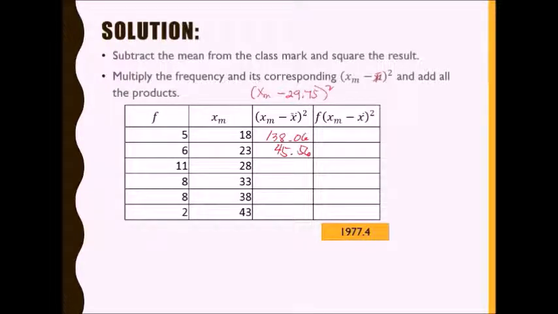Then 28 minus 29.75 is 1.75 squared, 3.06. Then 33 minus 29.75 squared, 10.56.